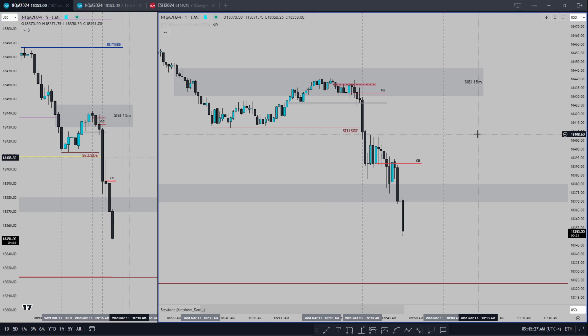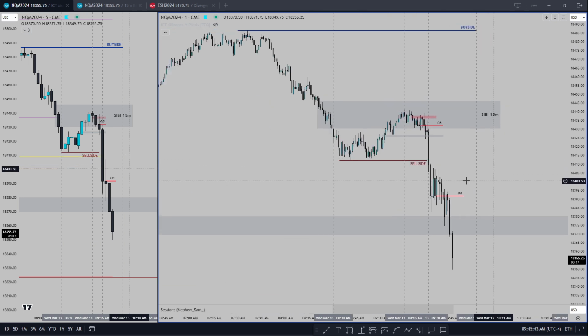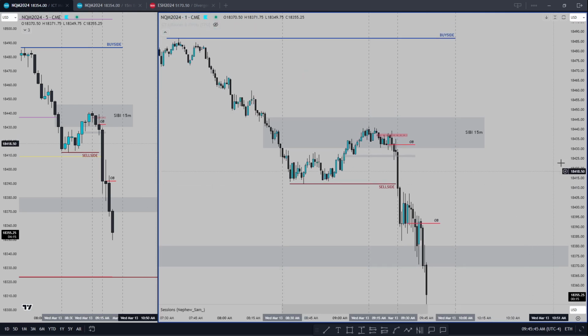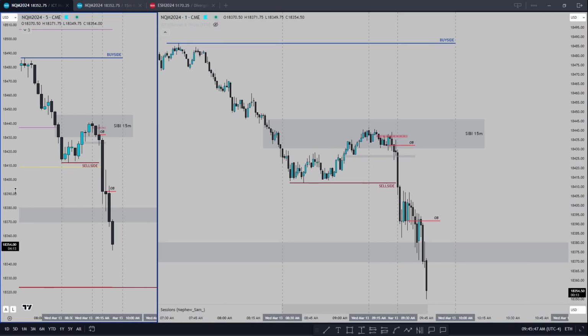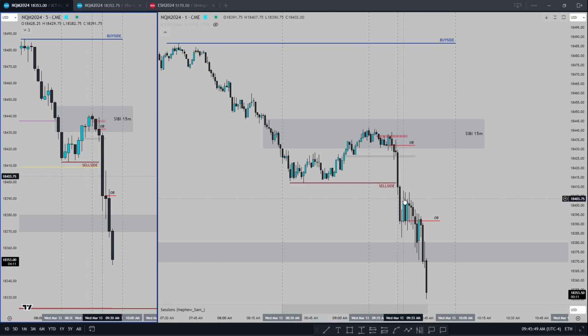And when you realize it becomes almost dumb, how rinse and repeat it becomes, you'll see it over and over again. The important part is not to get glued to this 1-minute chart, because this 1-minute chart means absolutely nothing until you look at higher time frames. And everyone's pushing higher time frame bias, whatever.